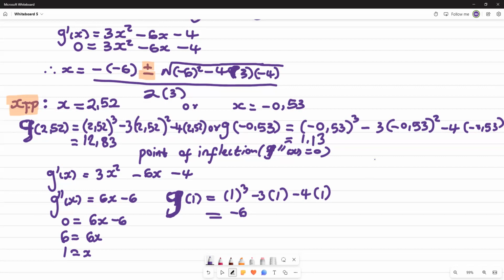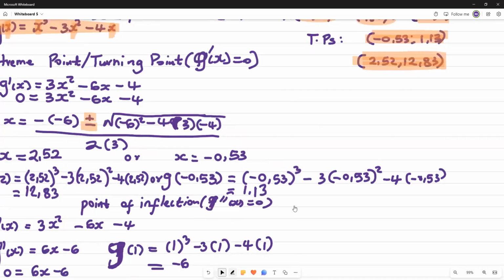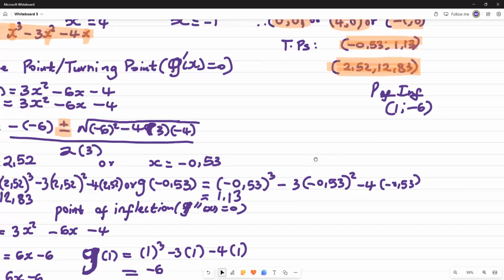Then my point of inflection is going to be the coordinate (1, negative 6). So my point of inflection is (1, negative 6). All right. Sharp. And then we're going to check this now.